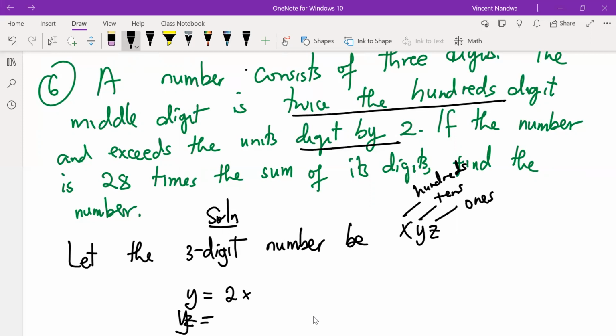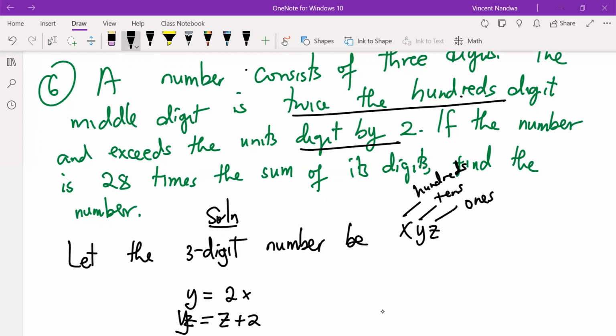So we have units digit is z and then plus 2. So the hundredth digit is x, tenth digit is y, and ones digit is z. When you say the middle digit, which is y, is twice the hundredth digit, so hundredth digit is x, so we'll have y equals 2x, and exceeds the units digit by 2. So y is the same as z plus 2.